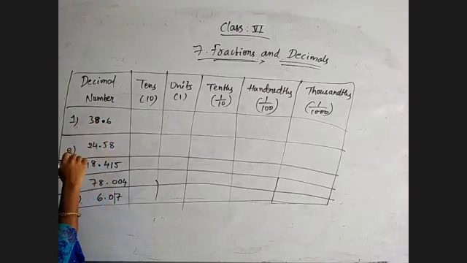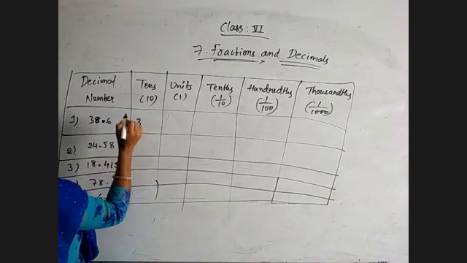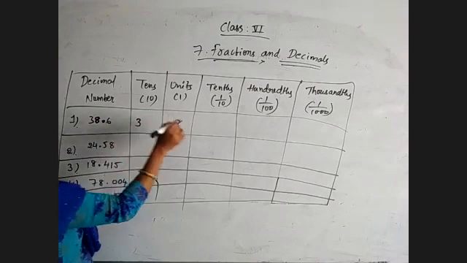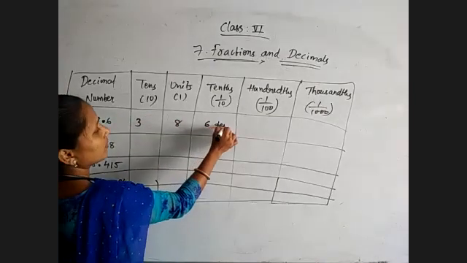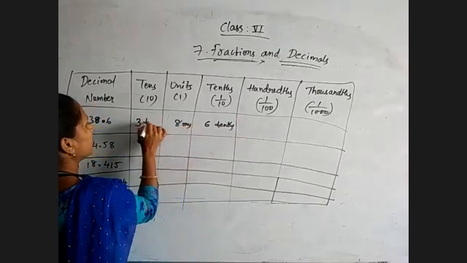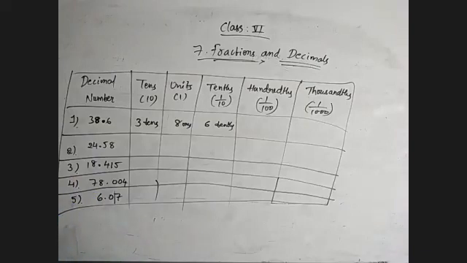Now 38.6. 38 is the whole number part, meaning 3 tens and 8 ones, and 6 is in the tenths place, so 6 tenths.